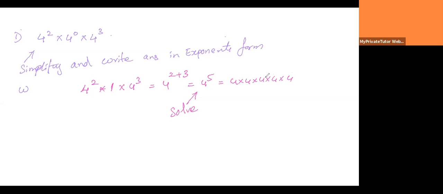That's the difference between simplifying and solving. Solving, in a sense, means you need to write the final answer as an integer, a whole number. But if it is simplify, you can just write the answer in exponent form. That's fine. So what is 4 power 5? Okay, so 16, 64, 256, 512 and 1024, it seems.